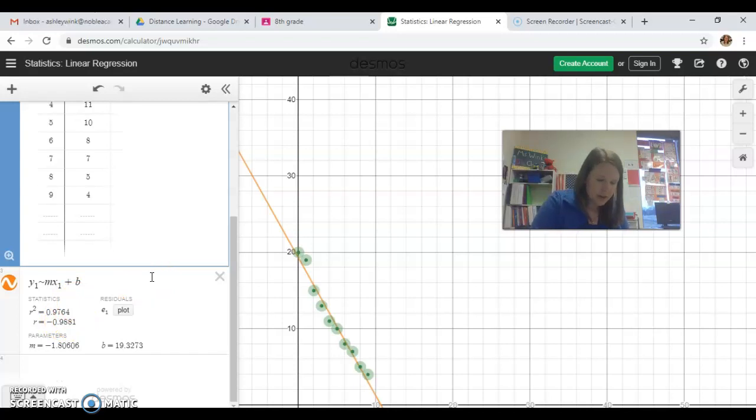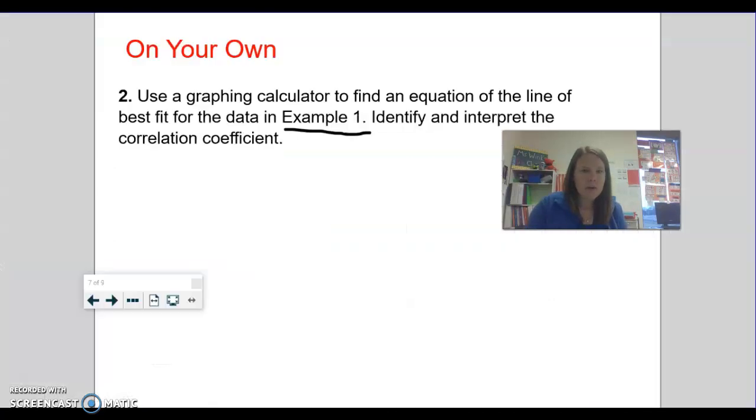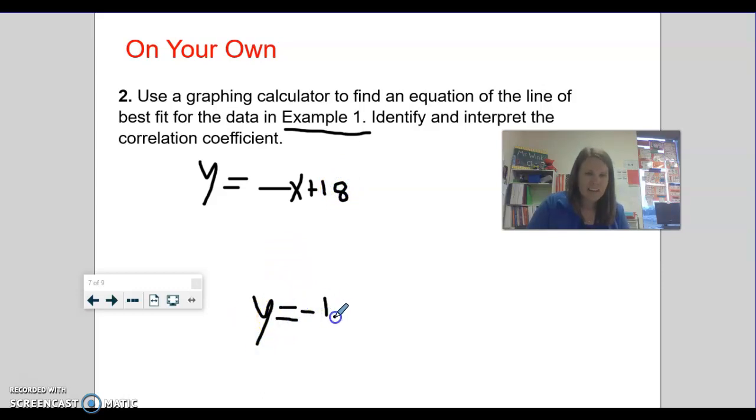And as you can tell, if I go back to the original slides, we had talked about the original equation, and what I had come up with was negative x plus 18. Once I actually plug it into that graphing calculator, we figured out that it is actually y equals negative 1.8x plus 19.3.